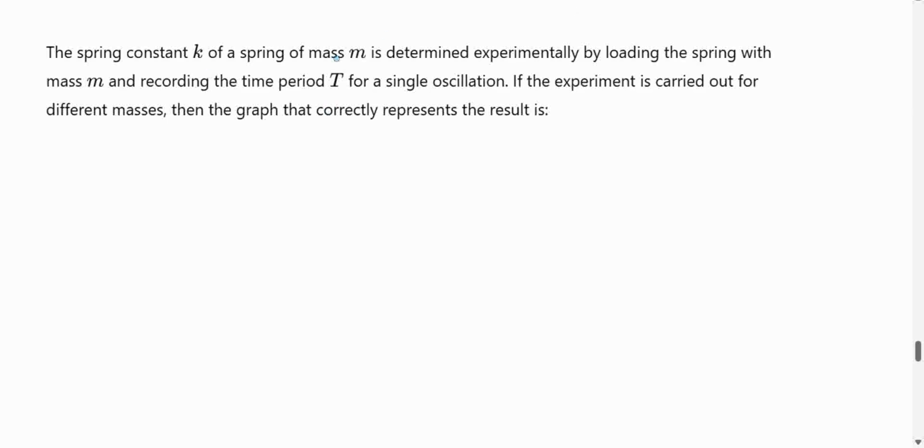The spring constant K of the spring is determined experimentally by loading the spring with mass M and recording the time period T for single oscillation. If the experiment is carried out for different masses, then the graph that correctly represents the result is.